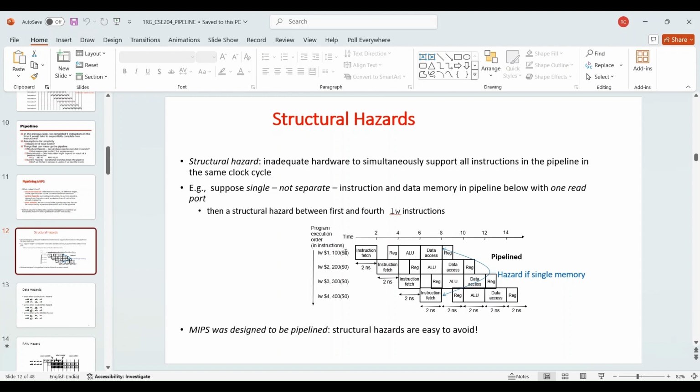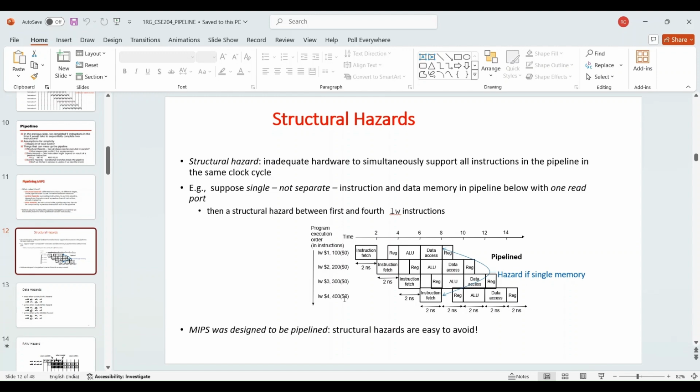Whatever is in $0, it will add 100 to that. That 100 within parentheses $0 is actually the address of the data. So now it will go for data access from main memory, and after accessing it will put the data into $1. So the meaning of this instruction is: go to this address, $0 plus 100, in memory, bring whatever is there and put it in $1. So data access is happening here.